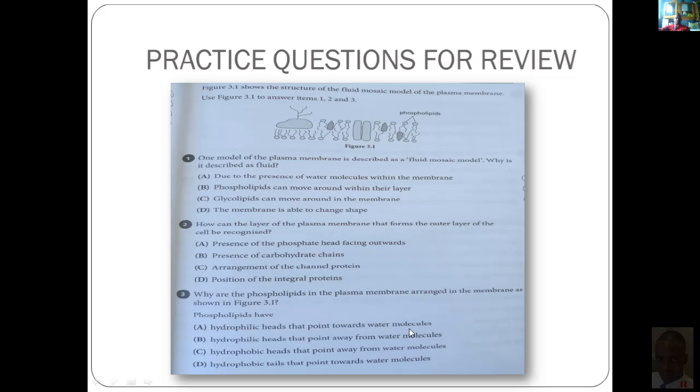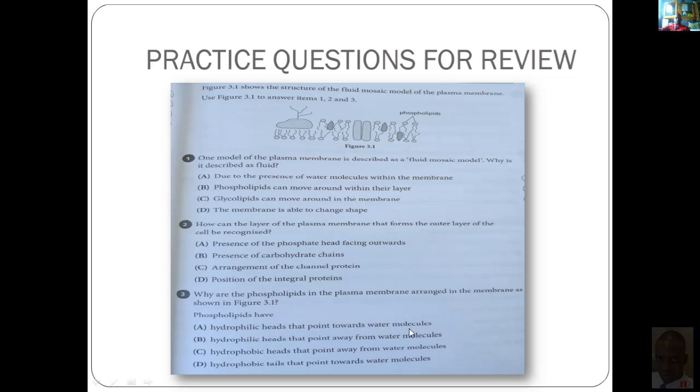Once it comes to recognition here, we're going to be looking for the presence of carbohydrate chains. Remember that these carbohydrate chains on the glycolipid and on the glycoproteins help in cell recognition. So once we see the presence of carbohydrate chains, then we are able to recognize the cell.